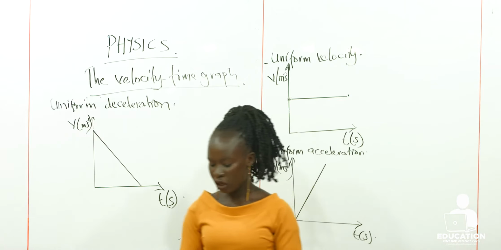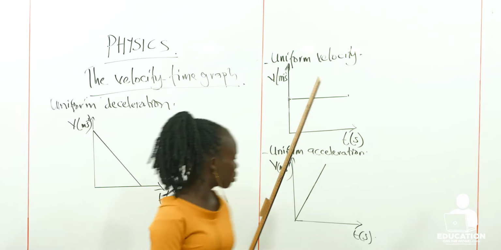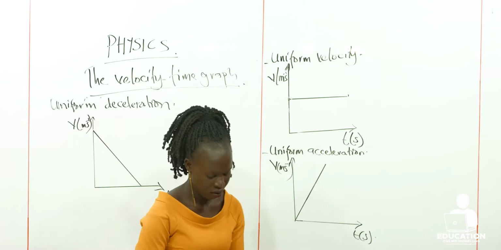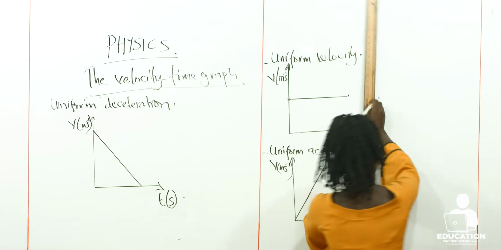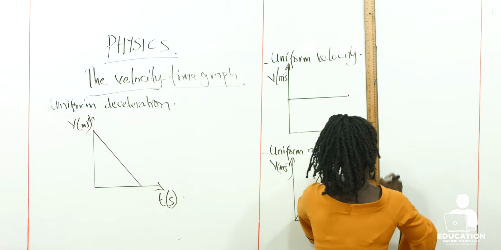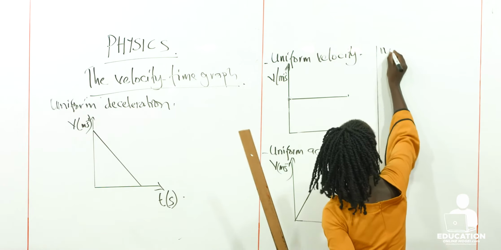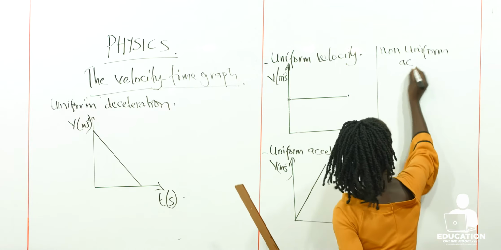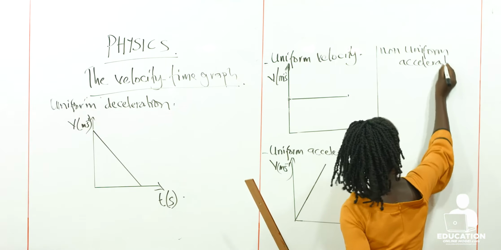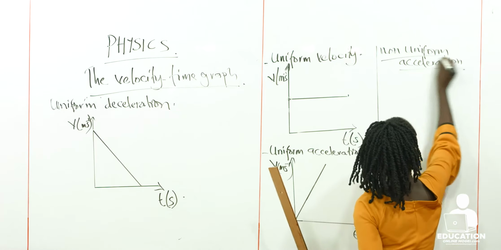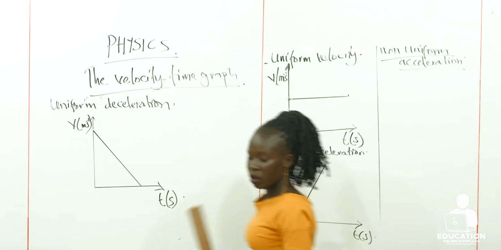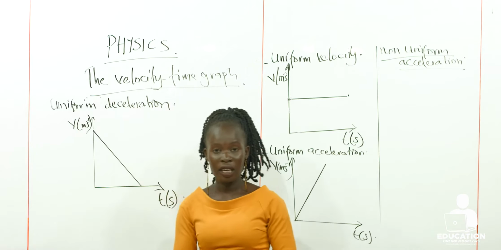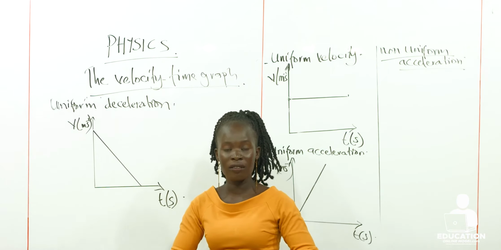So we have the non-uniform acceleration. With non-uniform acceleration, the body keeps on accelerating at a different rate. It keeps on changing its velocity with time.